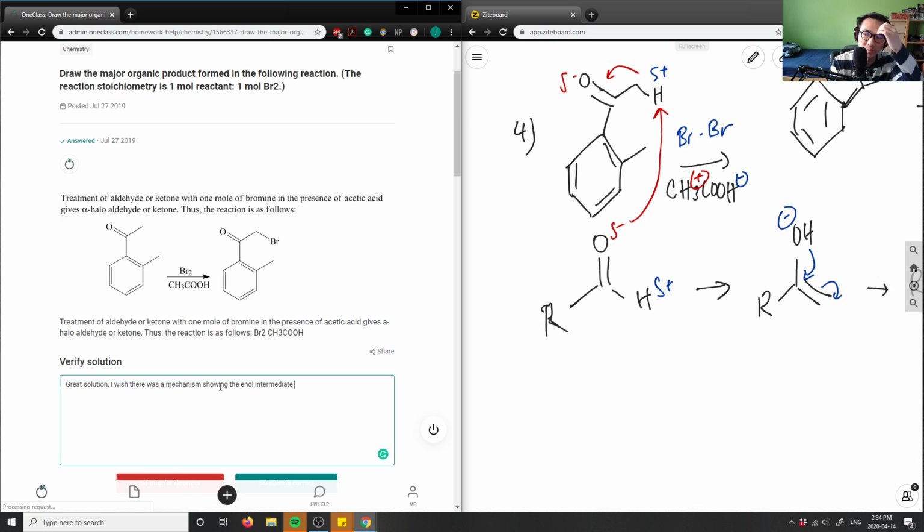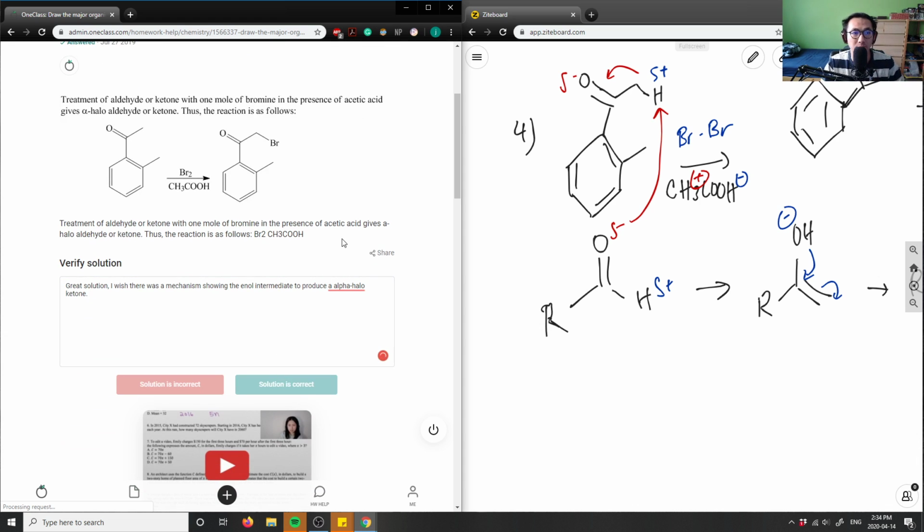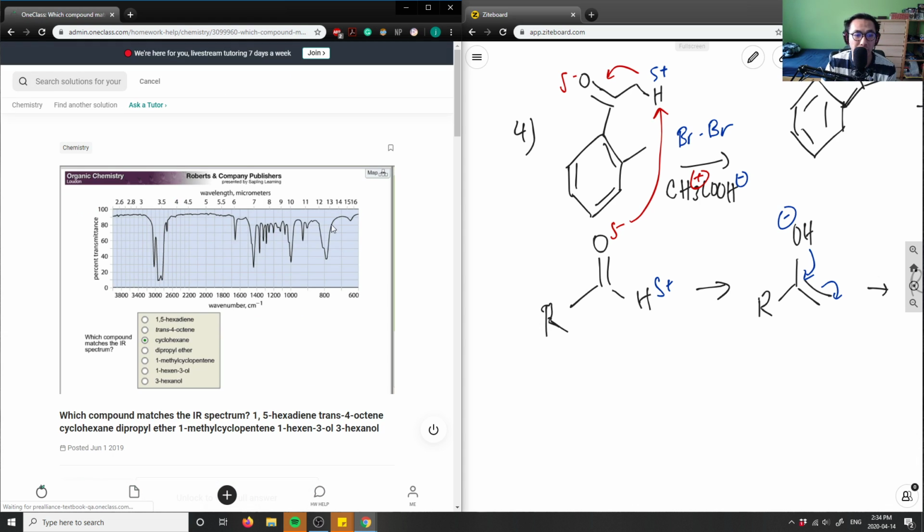Using the enol intermediate, that's what I meant, to produce an alpha halo. In this case, it's a ketone. Nice, sweet, great solution. Solution's correct. Sweet. So that's number 4.